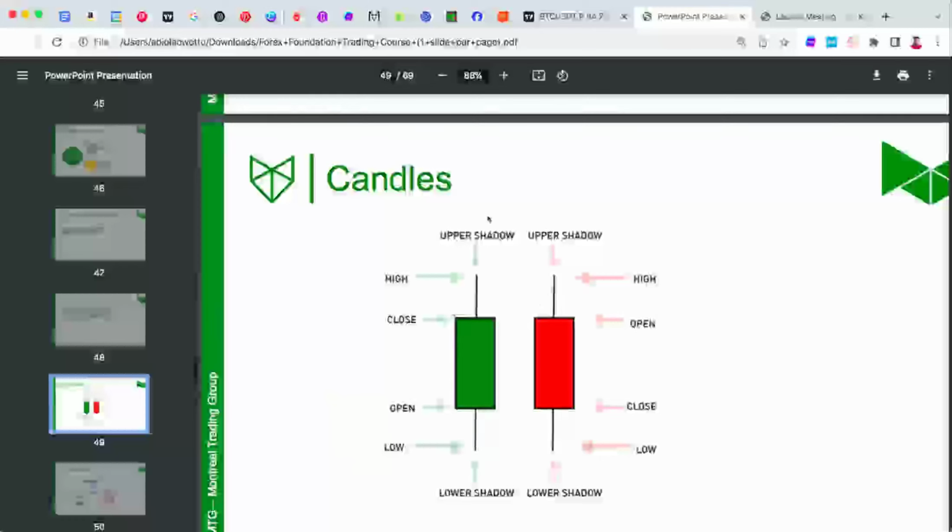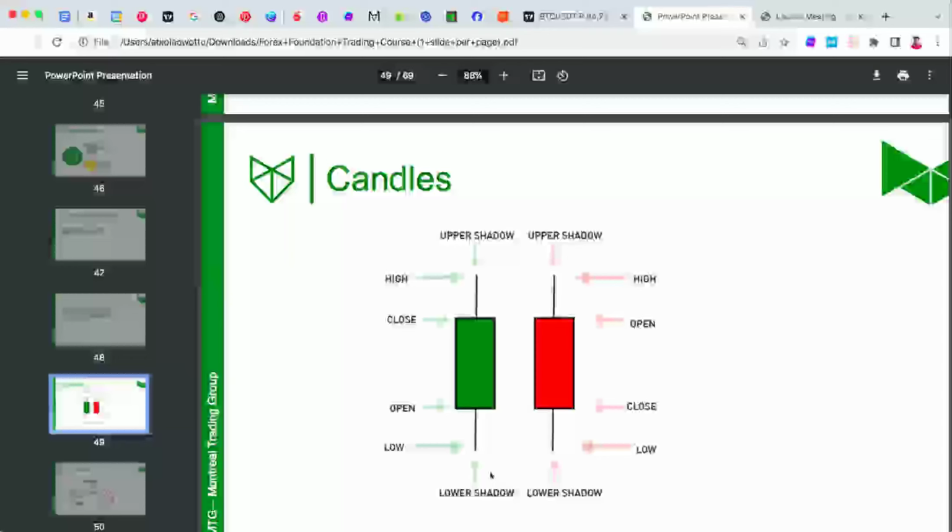So this is a Japanese candlestick which represents price on our chart. And when we see a candlestick like this, it has its body, which is this part here that is green, and we have the upper shadow, we have the lower shadow, we have the open and the close of a candle.